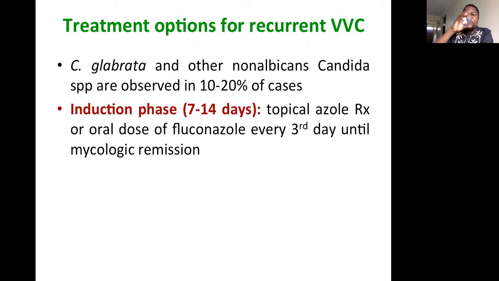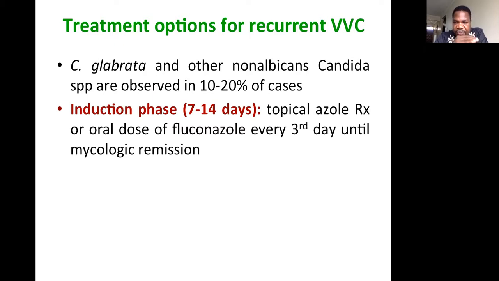Most cases of recurrent vulvovaginal candidiasis are caused either by Candida glabrata or other non-albicans Candida, which are found in 10 to 20% of cases.